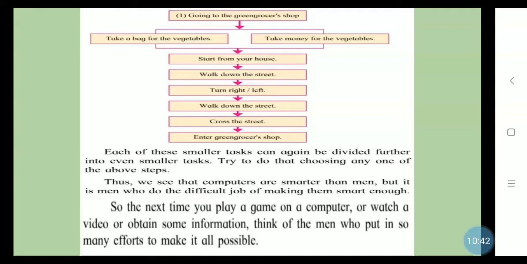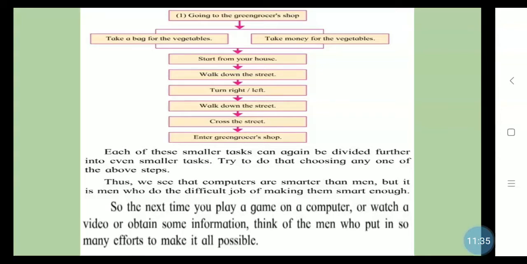Take a bag for the vegetables, take money for the vegetables, start from your house, walk down the street, turn right or left, walk down the street, cross the street, enter the greengrocer's shop. This flow chart shows you the minor details of the tasks that have to be done to accomplish buying vegetables. This is how one task is subdivided into smaller tasks. Each of these smaller tasks can again be divided further into even smaller tasks. Try to do that by choosing any one of the above steps.